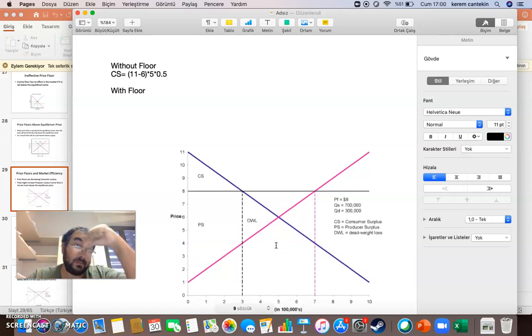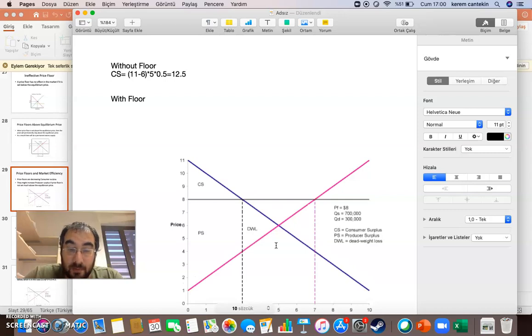Okay, it is 5 times 5, which is 25, times 0.5, 12.5 units, whatever that is. Now, producer surplus is equal to this triangle, which is 6 minus 1.